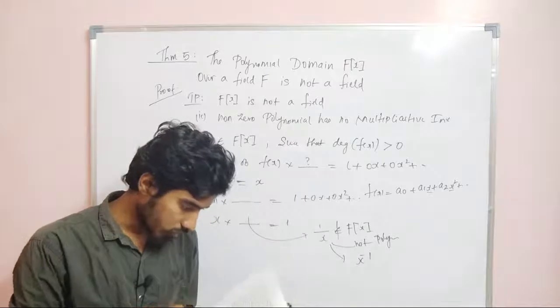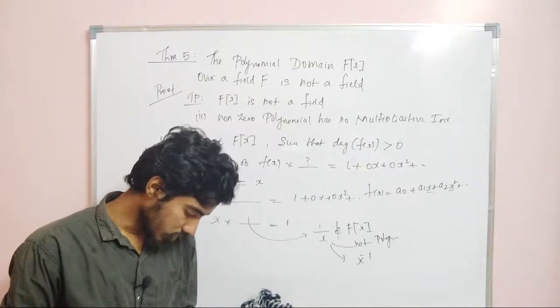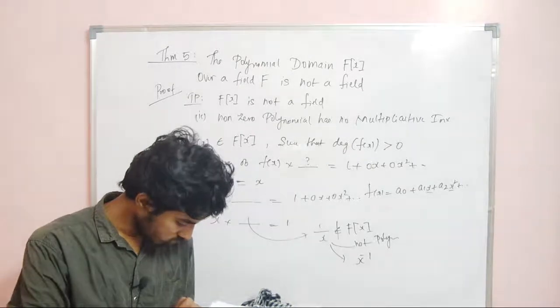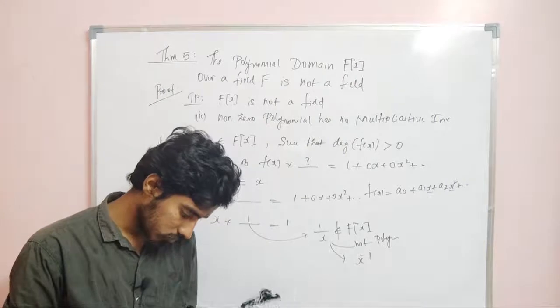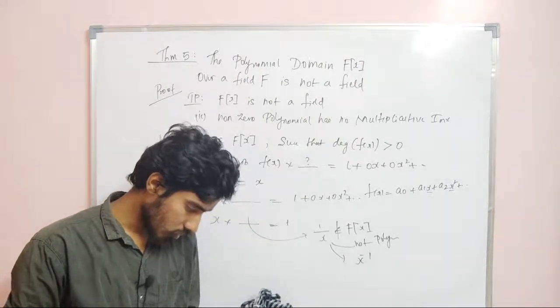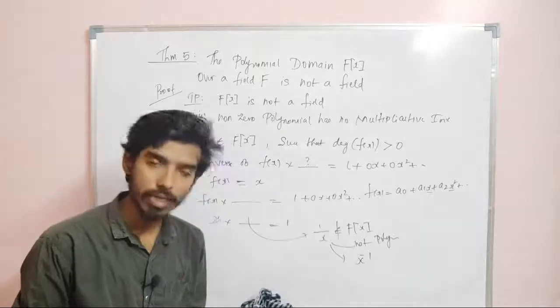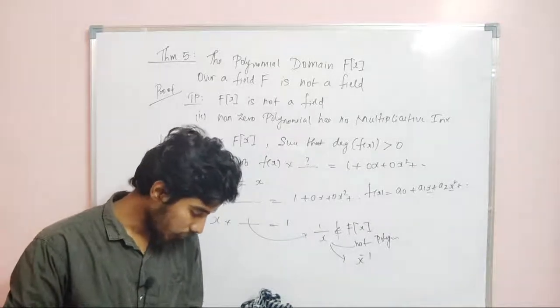Now we will have to prove the division algorithm. After proving the division algorithm, we will prove principal ideal ring, and then the unique factorization theorem for polynomials.